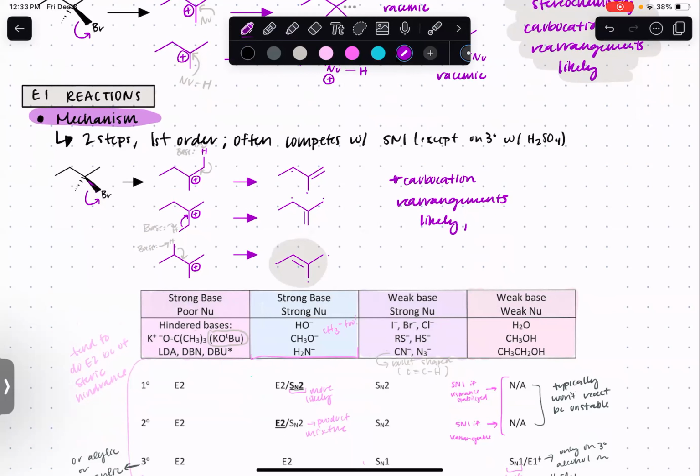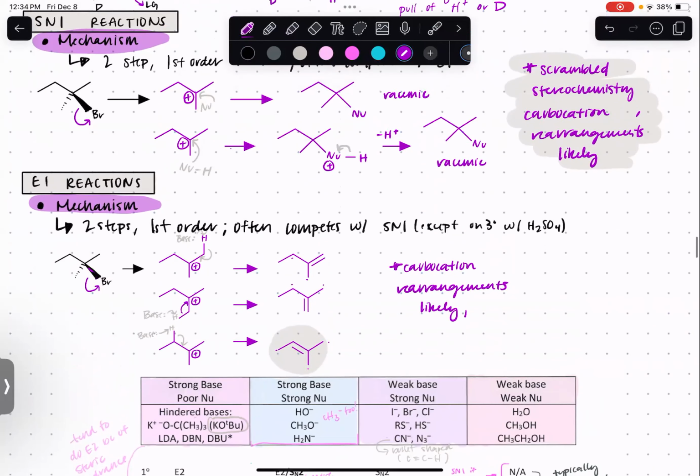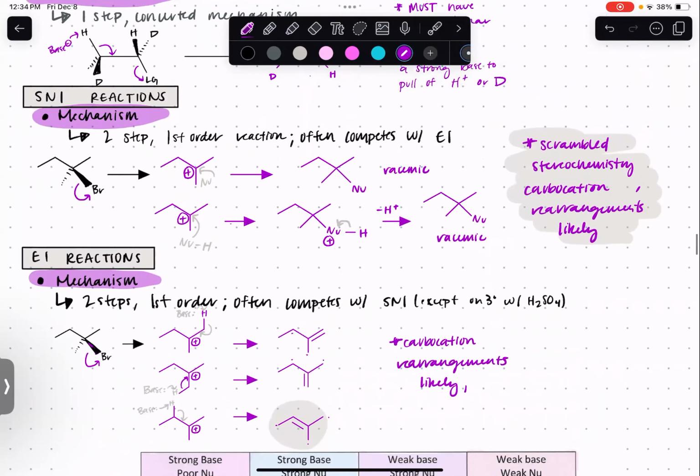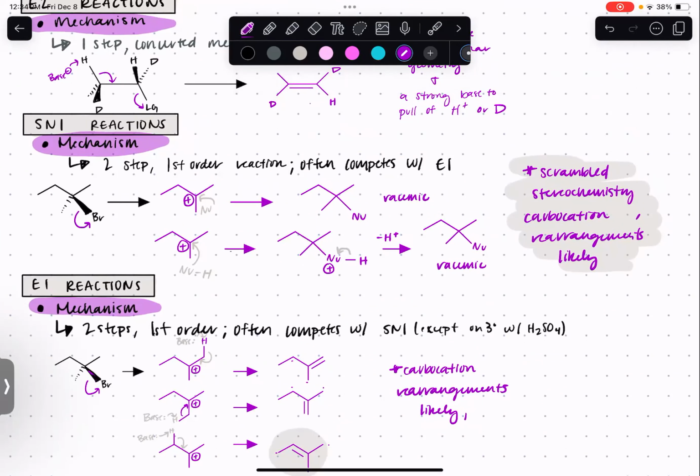I have a question. How do you predict that you're going to get something that's racemic? Yes. So with something being racemic, that goes to whether we have scrambled stereochemistry or not. Some of our mechanisms are very stereoselective.